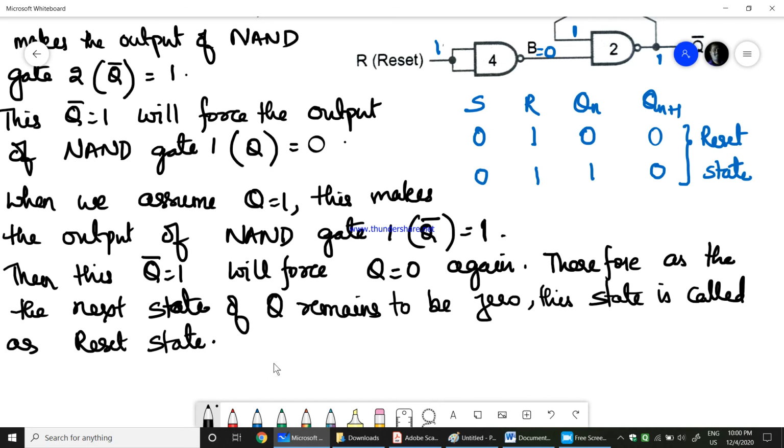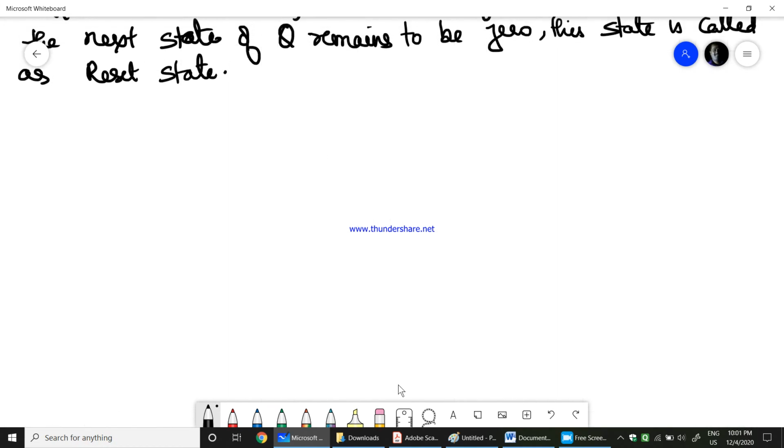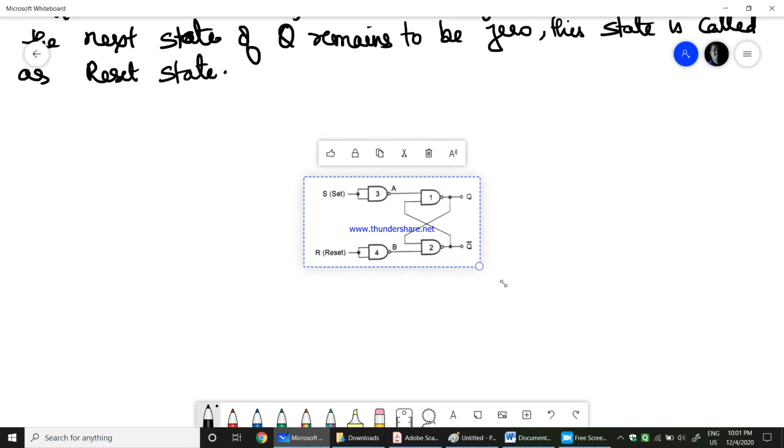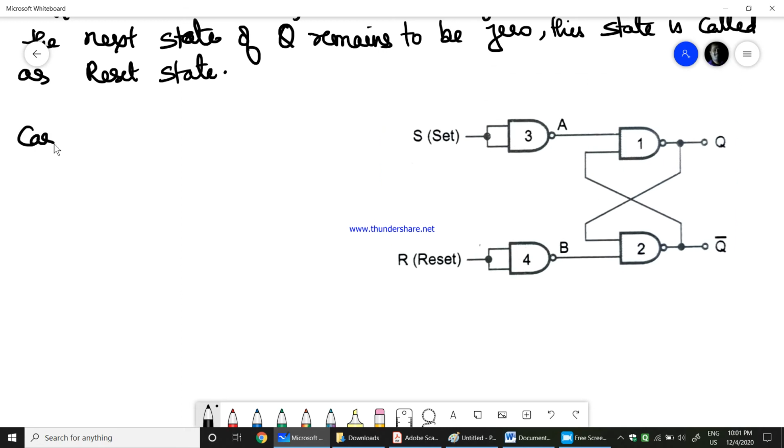Now let us go with the last condition, which is case 4, where both S and R equal 1.